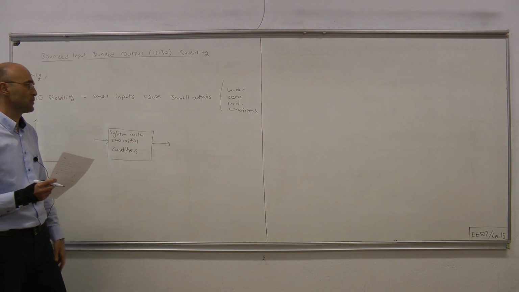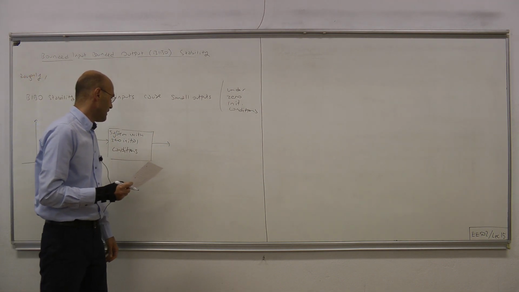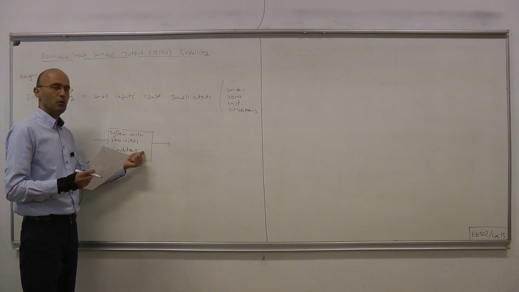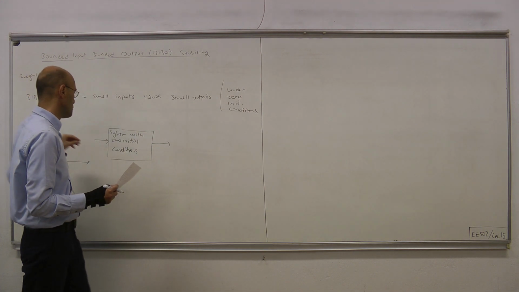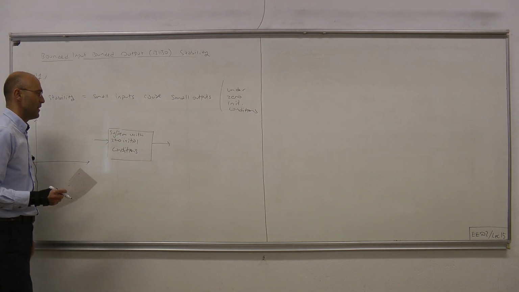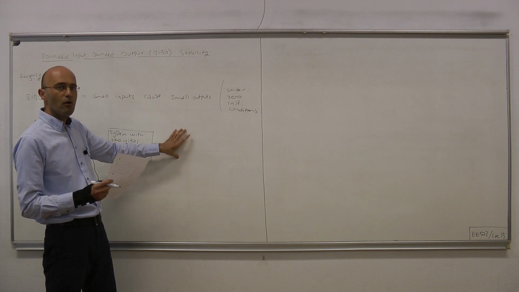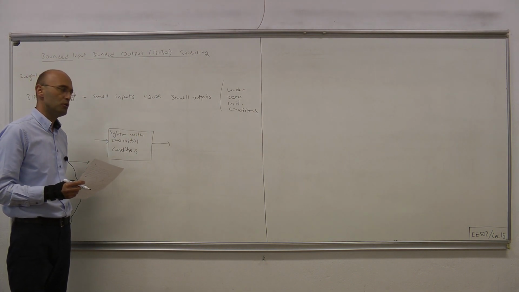Okay, so you have, let's say, a mass spring system, and you set the initial velocity and initial positions to 0. So the system is at rest, and then what you do is you apply some force to that system, and then go and measure what displacement of the mass that force produces.